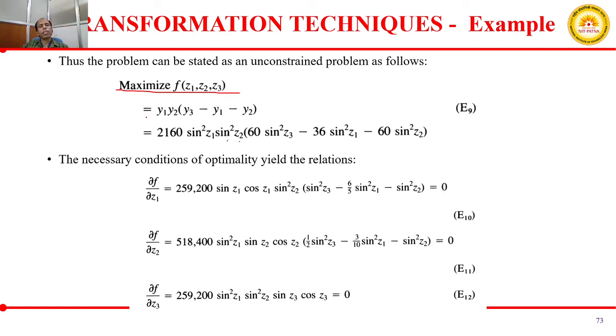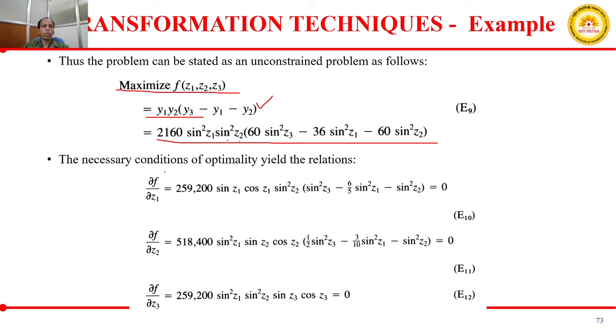Once we put x1, x2, x3 in terms of y, it becomes y1 into y2 into y3 minus y1 minus y2. And now we put the values of y in terms of z1, z2 and z3, and we will get this term.